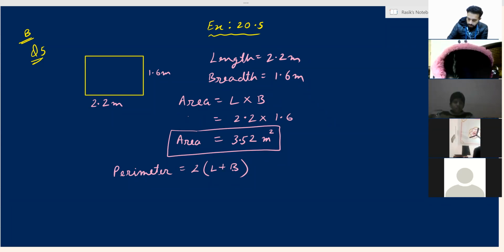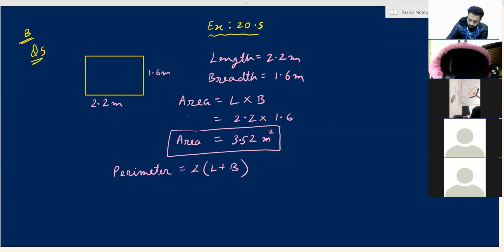Mandavya, perimeter 7.6 meter, area 3.52 meter square. Okay, you have written centimeter and centimeter square. Correct the unit, otherwise it is correct.